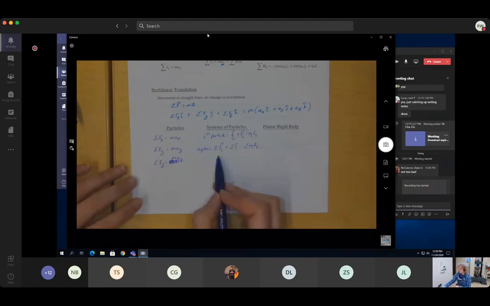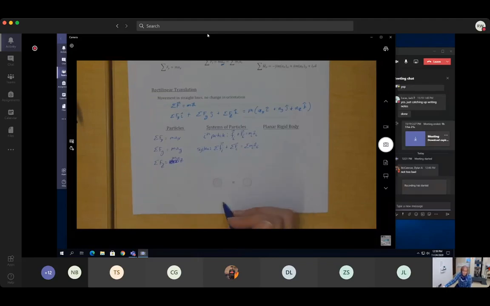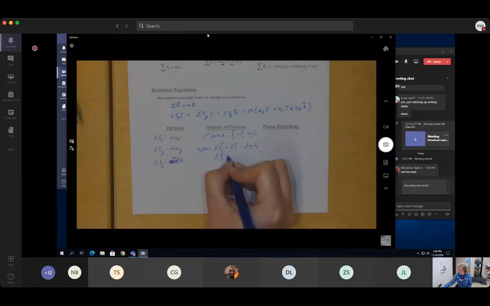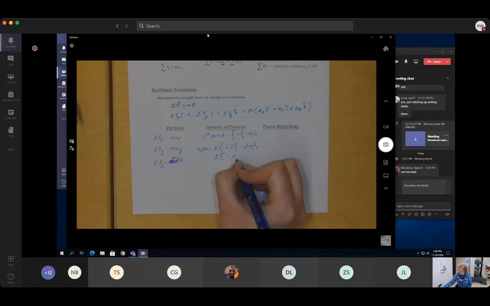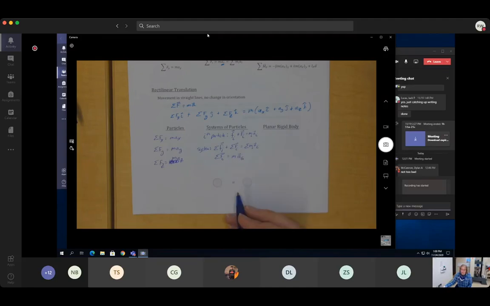And so it turns out that because our internal forces are internal to the system, when you've got one particle acting on another particle in the same system, they're both exerting equal and opposite forces on one another. So for every internal force, there's an equal and opposite pair that's going to basically cancel it out when we sum. And so we end up with the sum of our external forces being equal to the mass of the whole system times the acceleration of the center of gravity of the system.